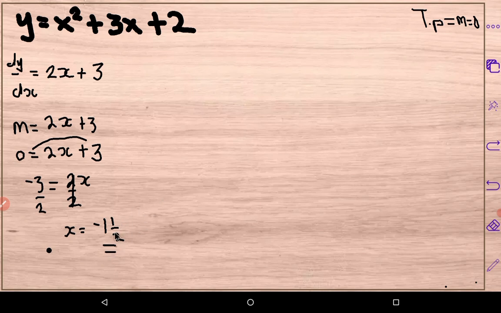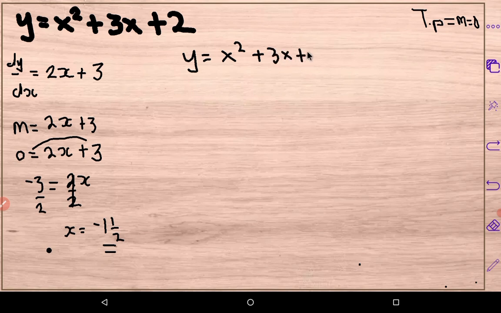Now you need to get the y coordinate, and to get the y coordinate, here's what we are going to do. You go back to the equation: y is equal to x squared plus 3x plus 2.